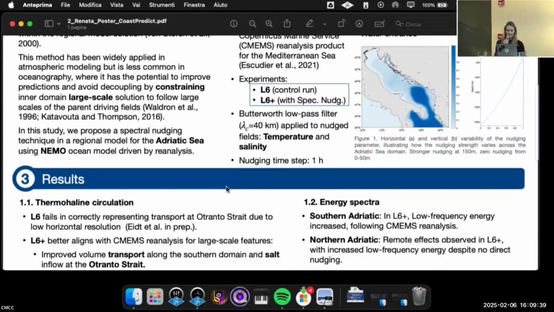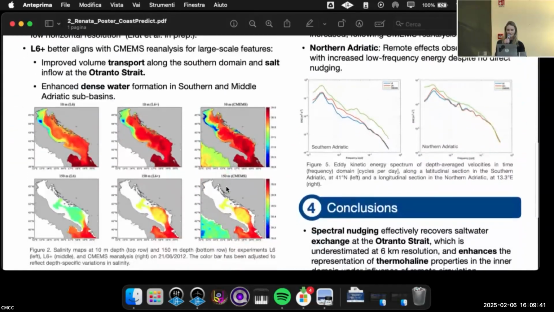What we saw was a significant improvement in the thermohaline properties inside our domain. Even though we applied the spectral nudging only to the tracers, we also had an improvement in the inflow of saltier water through the Otranto Strait, which was a limitation in our previous model.